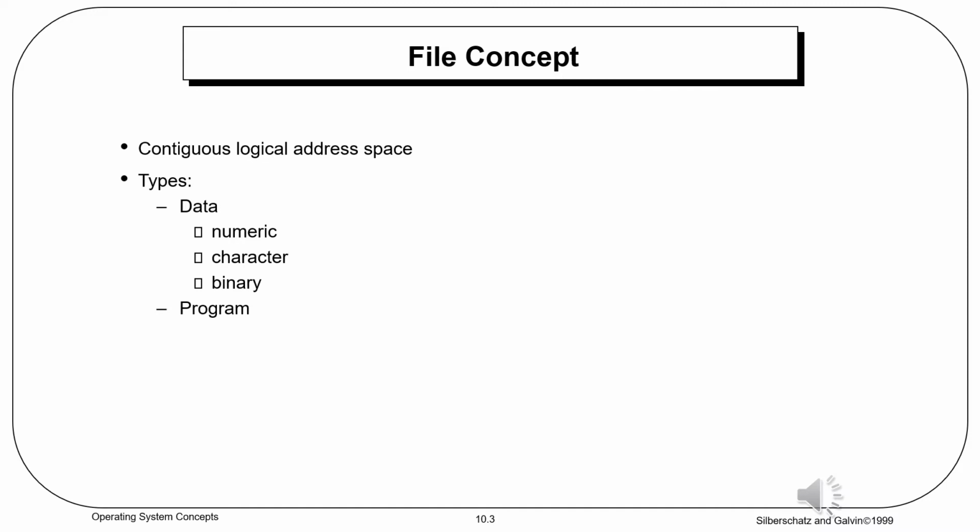An object file is a sequence of bytes organized into blocks understandable by the system linker. An executable file is a series of code sections that the loader can bring into memory and execute.